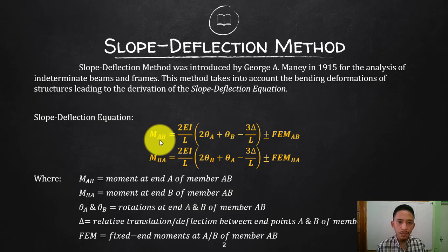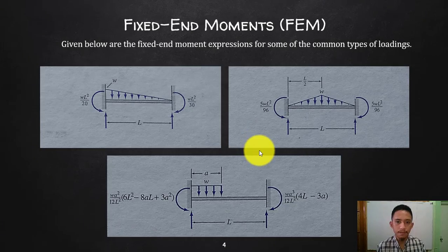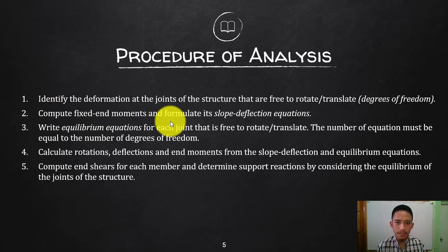So the moment at one end of the member is in terms of the unknown deflection and rotations together with the fixed end moment at that point. And then of course on the other end, the same together with the fixed end moment at that point also. So you will end up with these slope deflection equations. Okay, so that is our second.